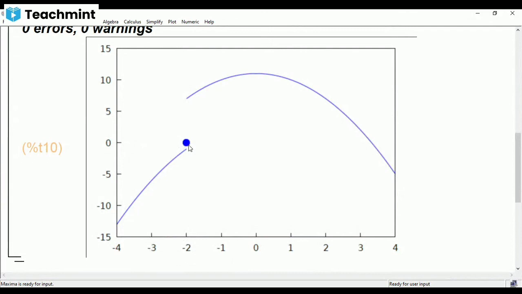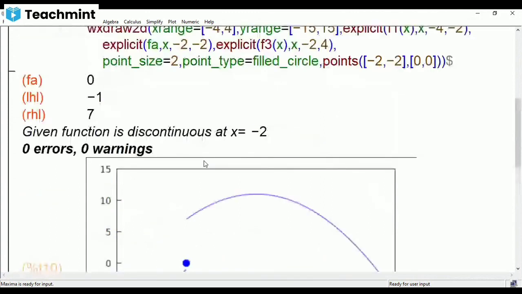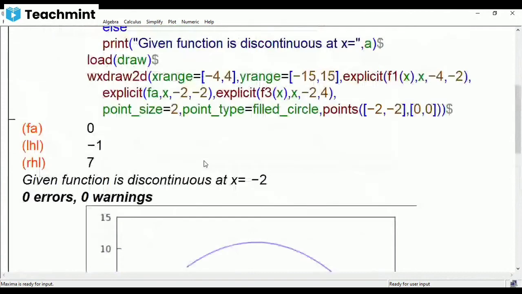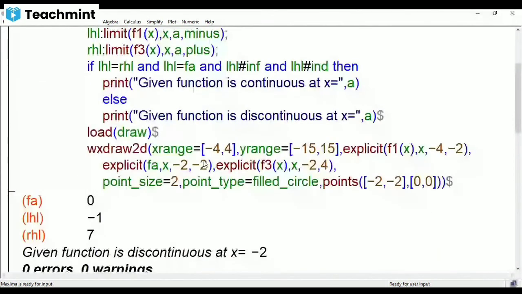So this is the required graph. Straight away we can see the left hand limit is this, the right hand limit is this. Therefore, it is discontinuous. So this is how you write the program for discussing the continuity of a function. Let us see one more example.